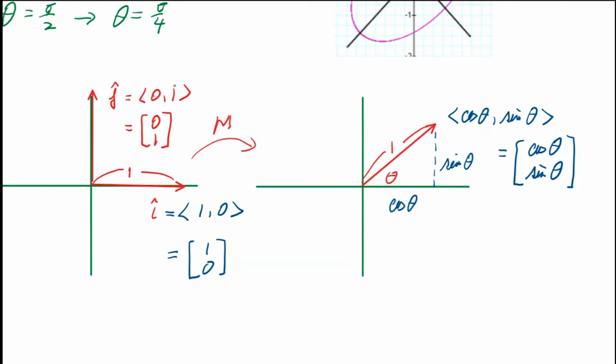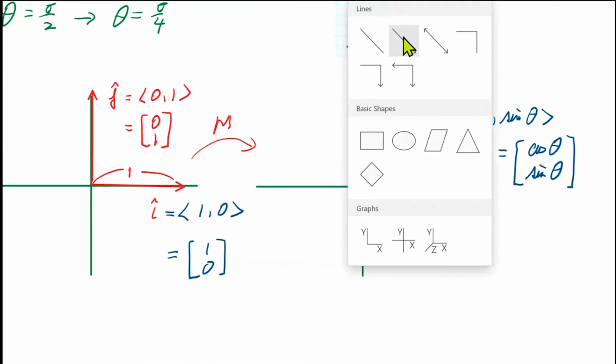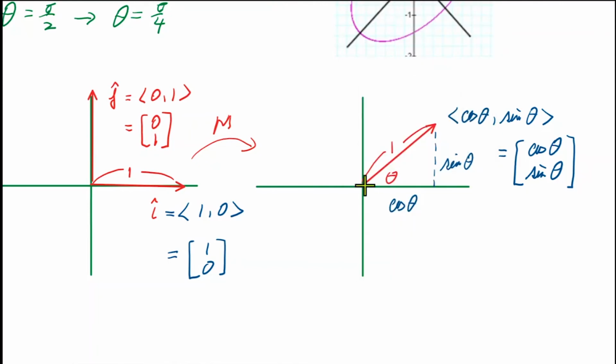And then after theta degree rotation, what does the J vector become? It's got to be perpendicular to that I vector, correct? So it's got to look like this. Say yes. Okay.